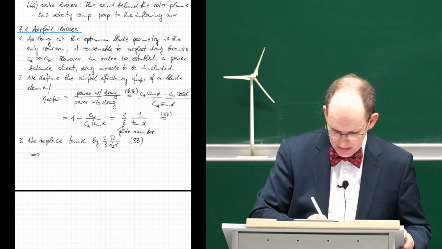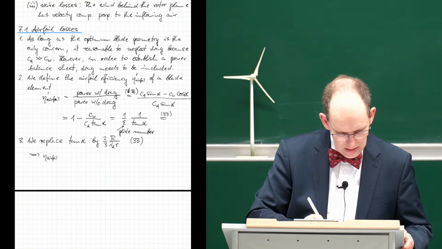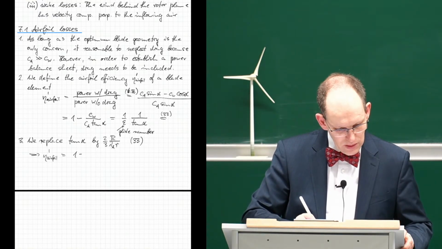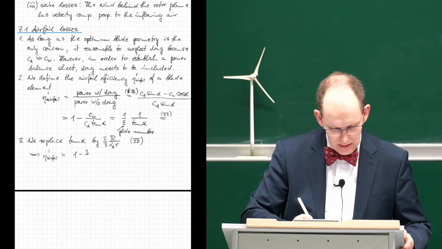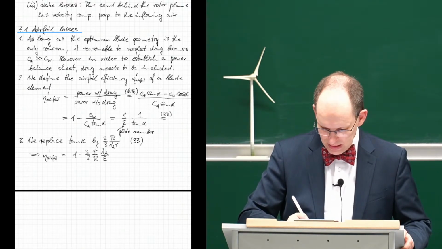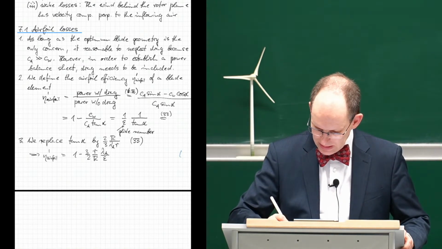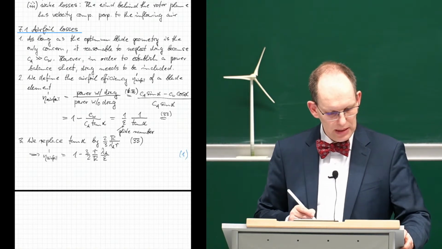And then we find that eta airfoil is equal to 1 minus 3/2 R divided by capital R, lambda A divided by the glide number. So that's equation 1 in this chapter.